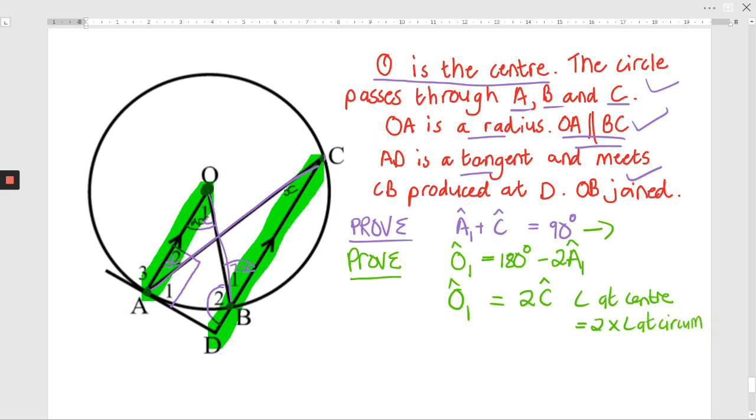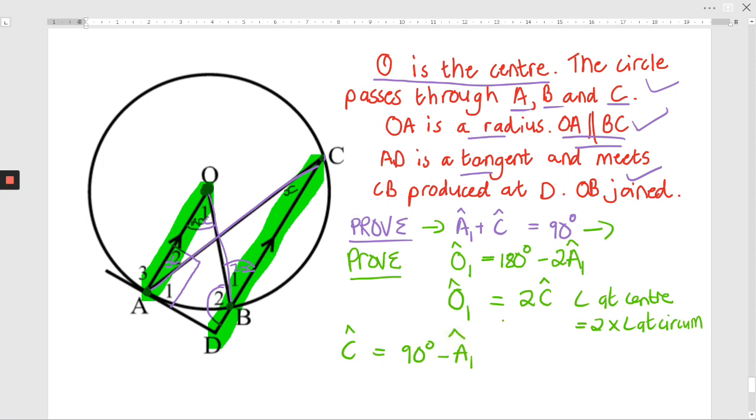And then angle C was inside this purple thing. C actually equals 90 minus A1. I'm just rewriting with C as the subject of the formula.